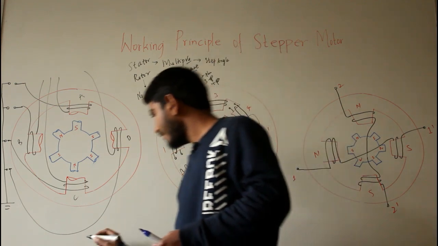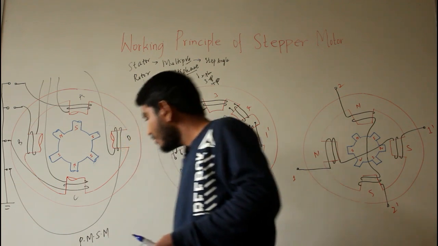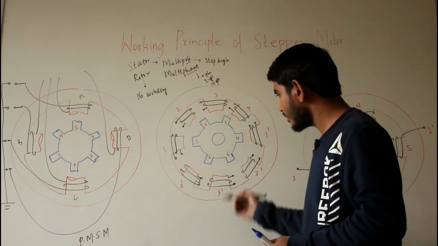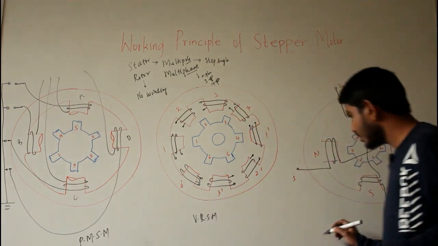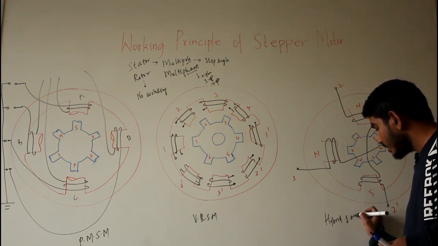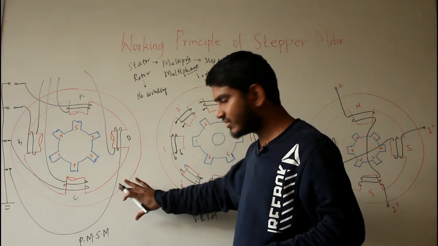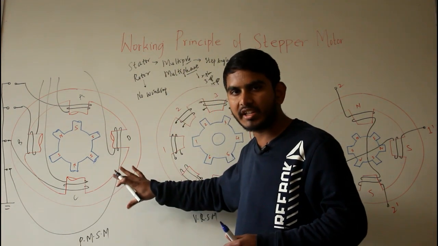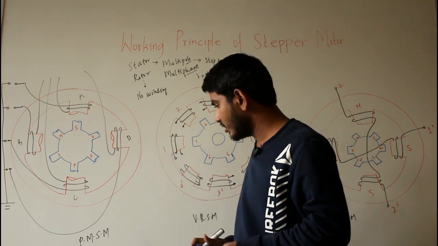One is the permanent magnet stepper motor, the other one is the variable reluctance stepper motor, and the third one is the hybrid stepper motor. By understanding these three stepper motors, we shall also discuss the working principle.